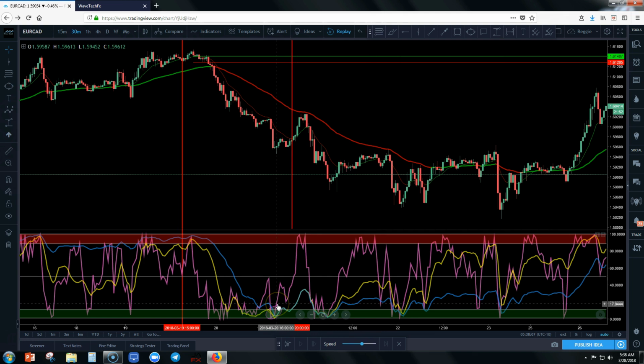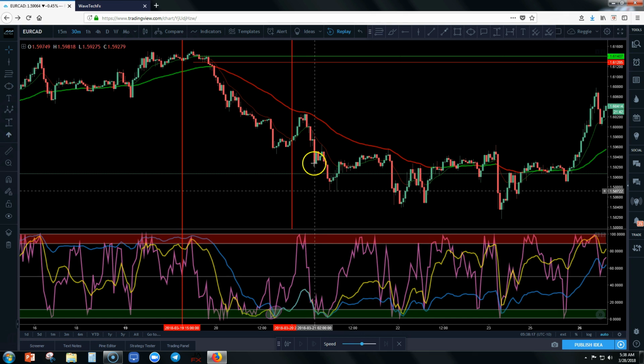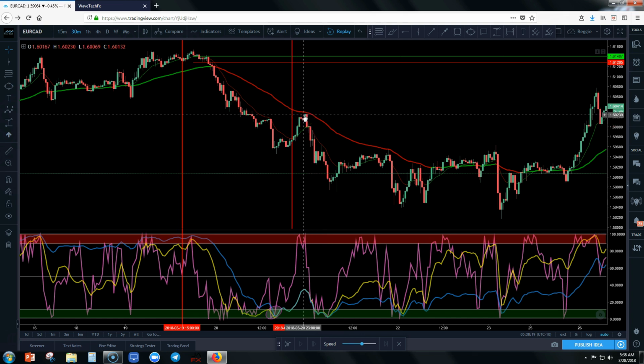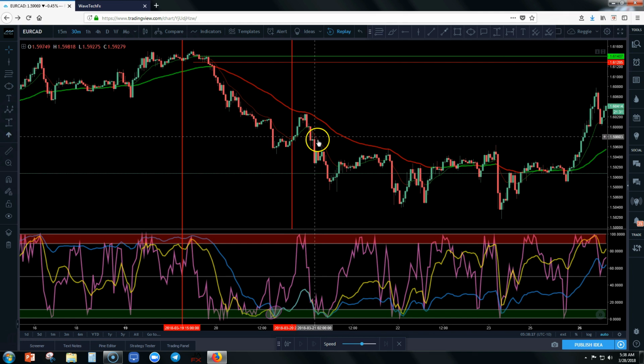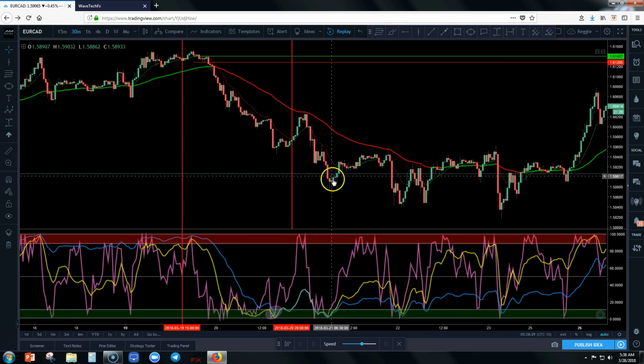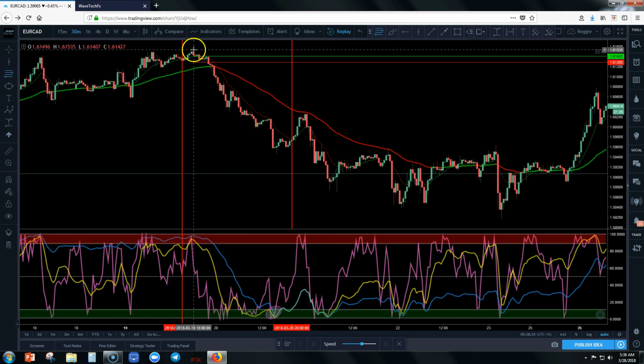So when this line is back up in the red, you can almost start to look at the retracement ending. So as you can see what it did here, it tagged the big moving average. Our pink line was in the red, signaling it's ready to go back down. It did.